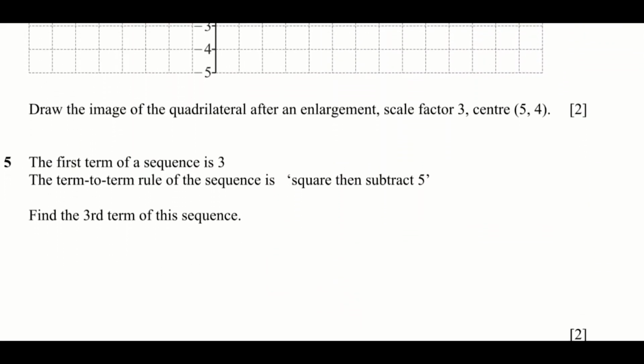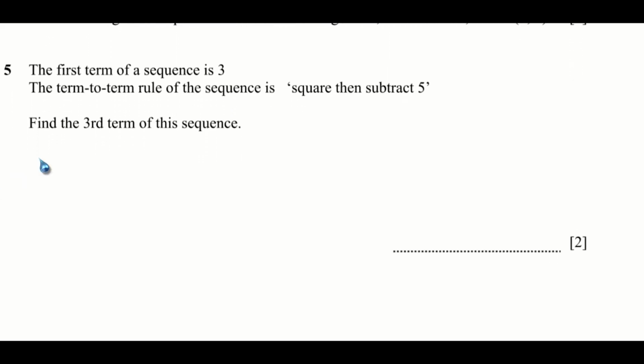That will be question 5. The first term of a sequence is 3. Okay, so you have 3 here. The term to term rule of the sequence is square then subtract 5. So the second term will be, if you square this, then subtract 5. 3 times 3, that is 9. 9 minus 5, that will be 4.